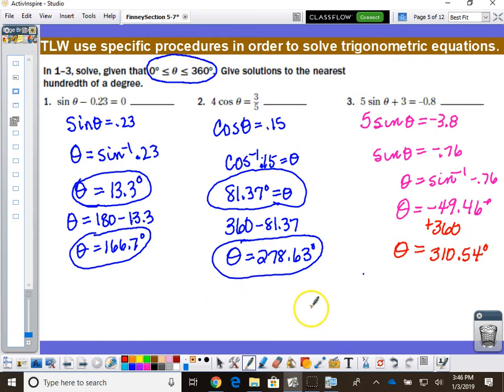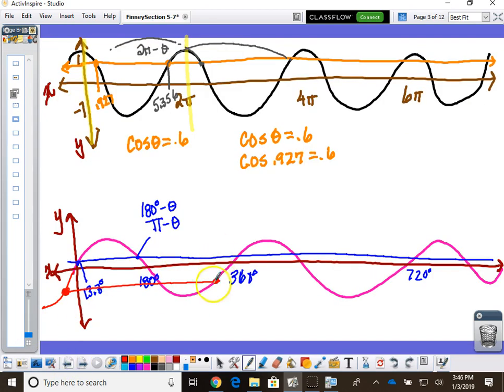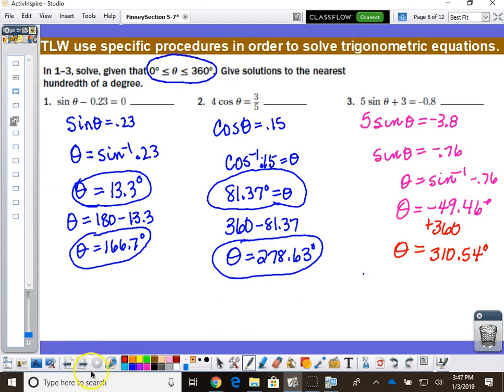Now, I still have to find that second one. If you look back at your graph, what you'll see is we found this one. We need to get this one. And remember how we did it before: we did 180 minus our first answer. Well, our first answer was negative 49. That's okay, we can still do that. So to find our second answer, theta is going to be 180 minus negative 49.46.